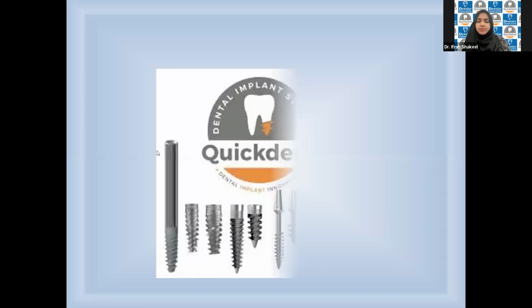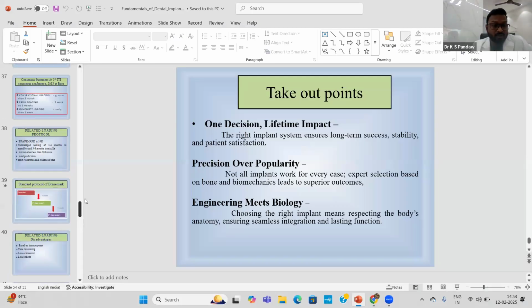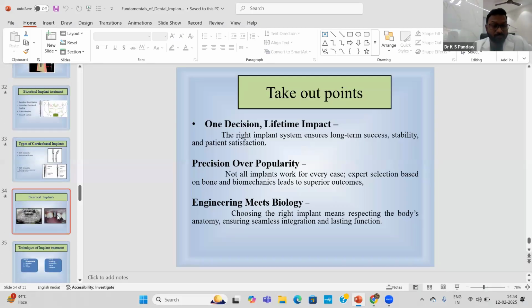But also, if it is a single anterior tooth implant, we can treat it with the basal implant too. Let me show one of the slides again. So I always prefer the conventional implant for single tooth replacement.